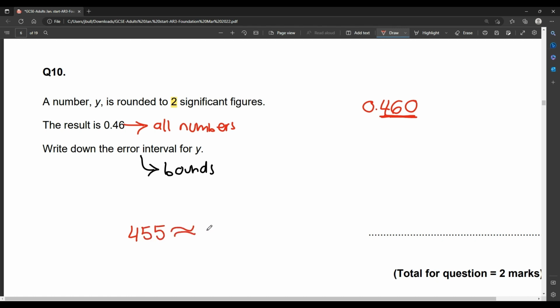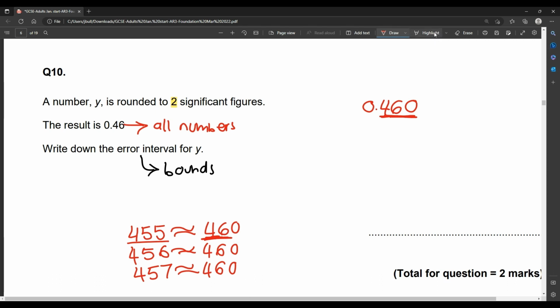That one would round up to 460. And then we could keep going. 456 would also round up to 460. 457 would round up to 460. So all of these numbers would have rounded from 3 decimals down to two significant figures.